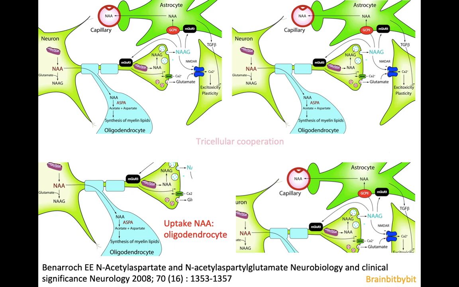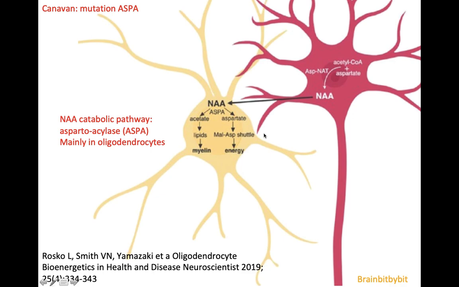When we zoom out, this tricellular cooperation is very important for the homeostasis of the white matter. And when we zoom in to the neuron and the oligodendrocyte, and there's reuptake of NAA by the oligodendrocyte, there's a catabolic pathway of NAA, and that's done by an enzyme called ASPA, and that's mutated in Canavan, and it's mainly present in the oligodendrocytes.